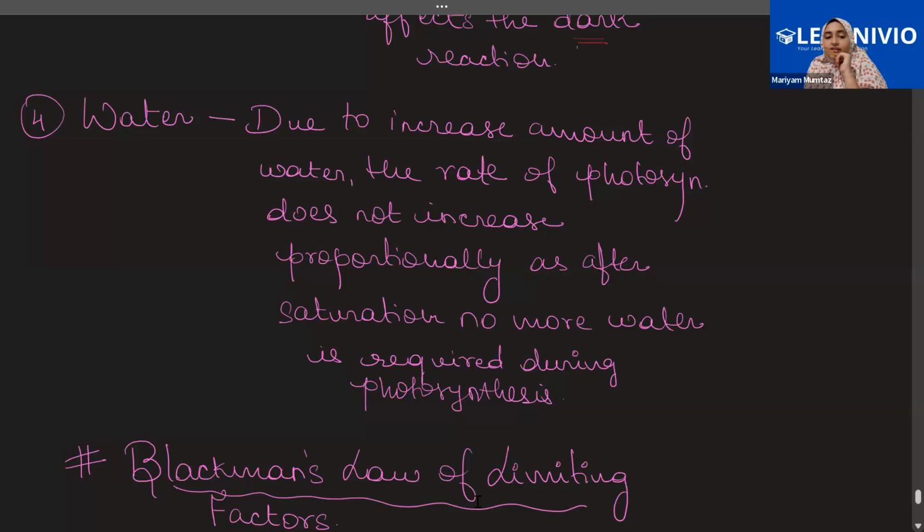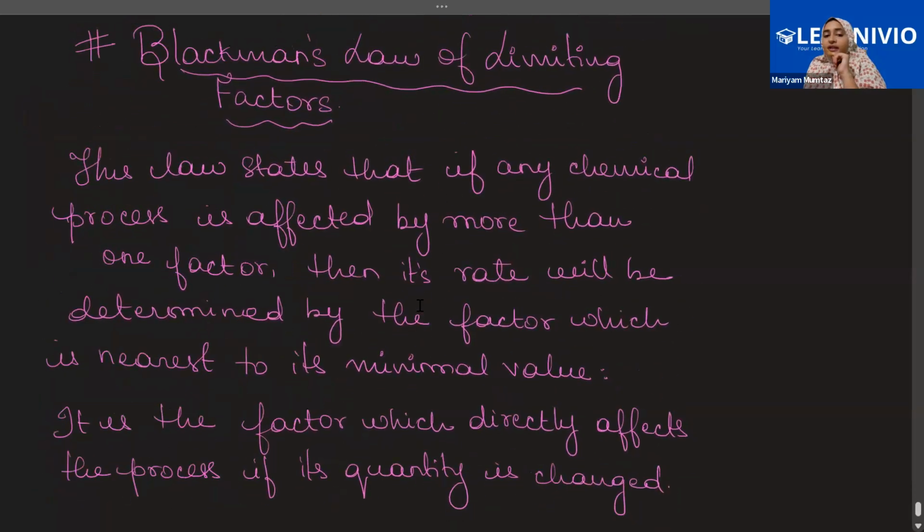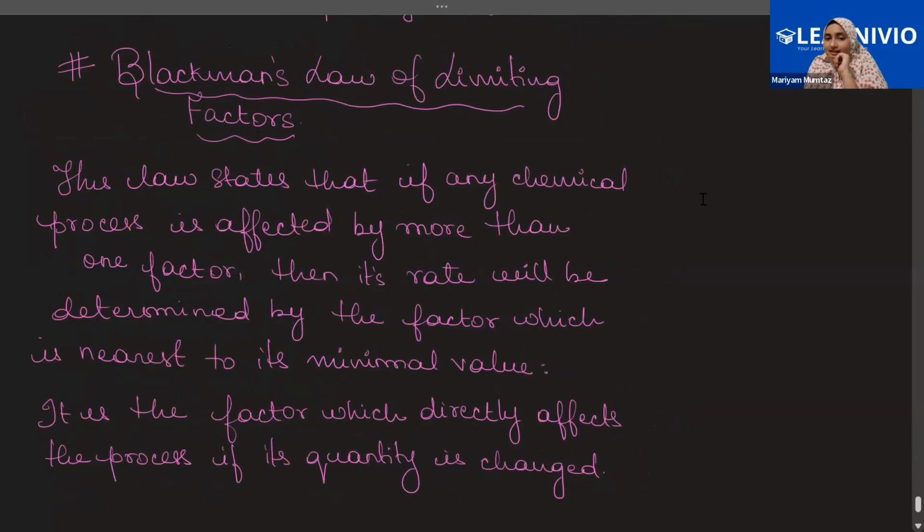Now, after that comes Blackman's law of limiting factor. This law tells us how one of the factors can be a limiting factor. This law states that if any chemical process is affected by more than one factor, just like in the case of photosynthesis, it is affected by light, temperature, CO2 concentration, water, then its rate will be determined by the factor which is nearest to its minimal value.